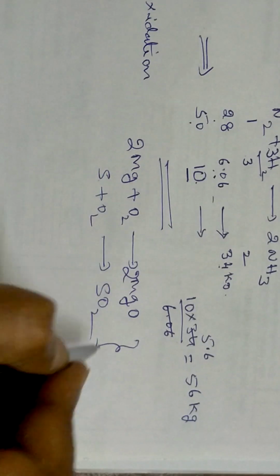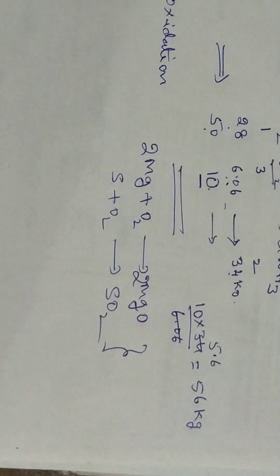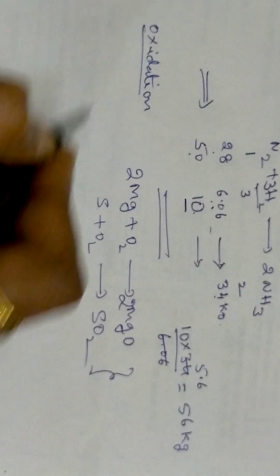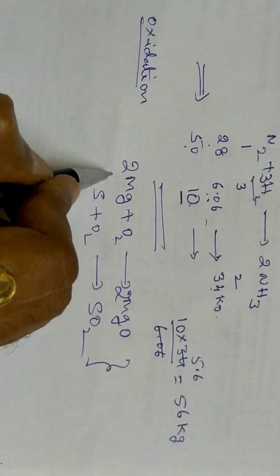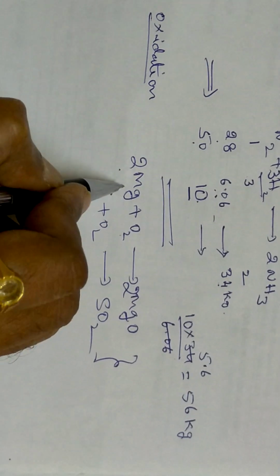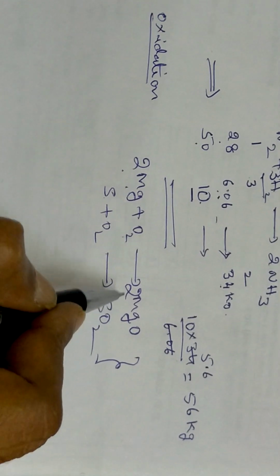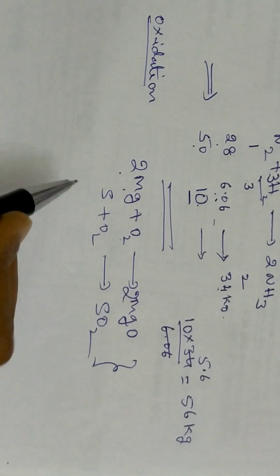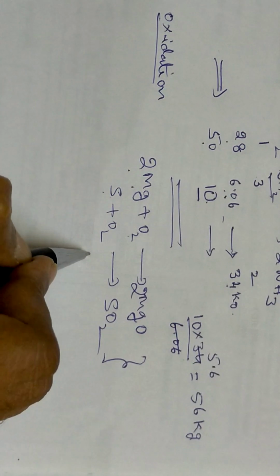If you see these two reactions, the chemists initially proposed that addition of oxygen is oxidation. Magnesium gets oxidized and the compound is magnesium oxide; sulfur gets oxidized and the compound is sulfur dioxide.